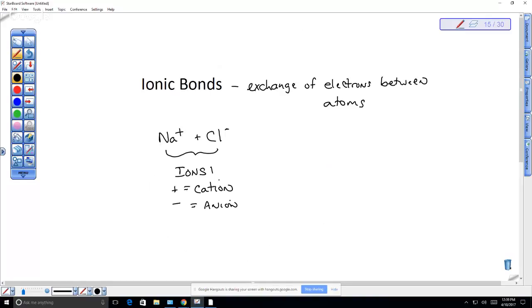So which one has an extra electron, the sodium or the chloride? Chloride, right? Because it has an extra electron because it has a negative charge. So when we look at this, we can see that these can form a bond because of that exchange of electrons, right? So this is the ionic bond. So opposites attract.